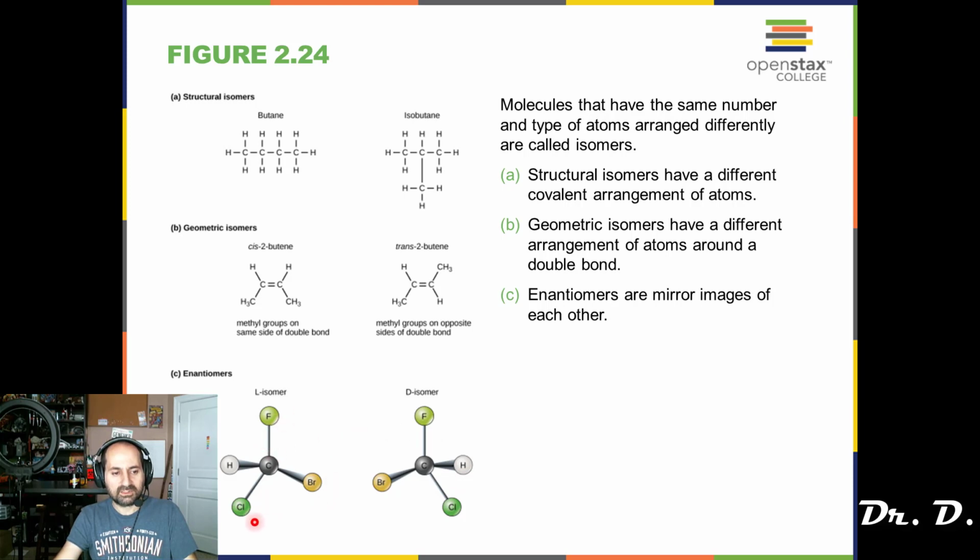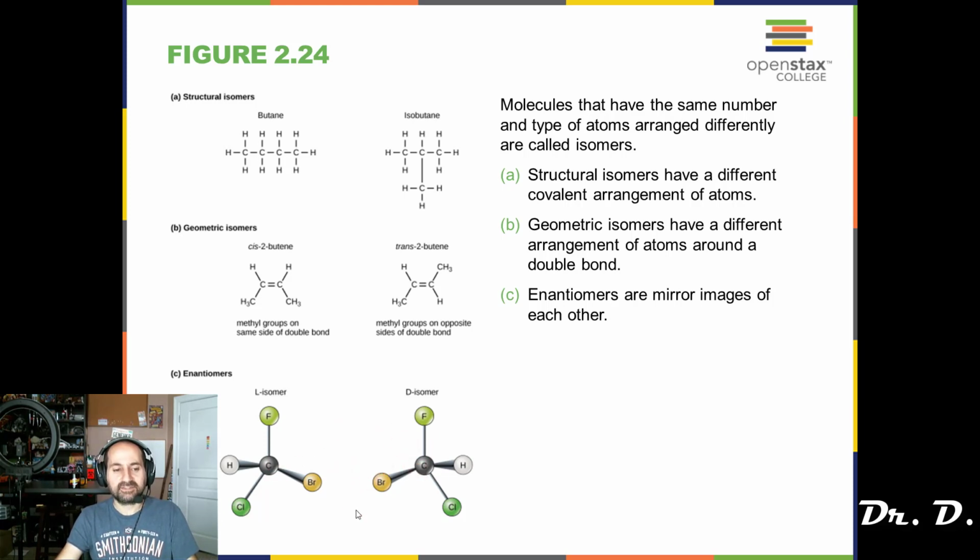So you might think, well, this molecule is this molecule, but these are called enantiomers. They're called the L isomer, or left isomer, and the D isomer, the right isomer. D is for dexterous, or right. L is for left. Okay, so what's the difference between this isomer and this isomer?